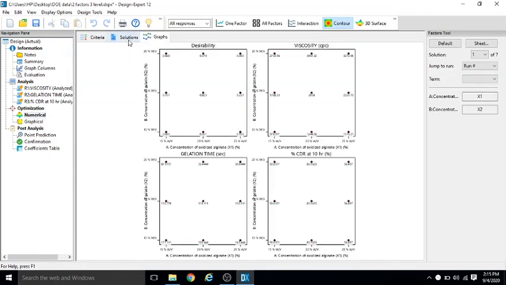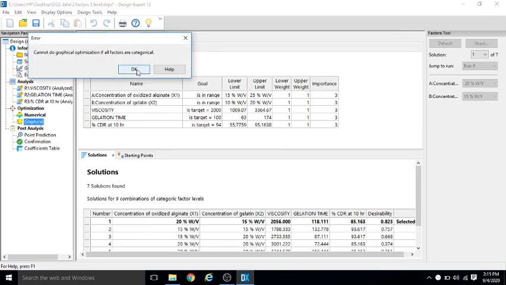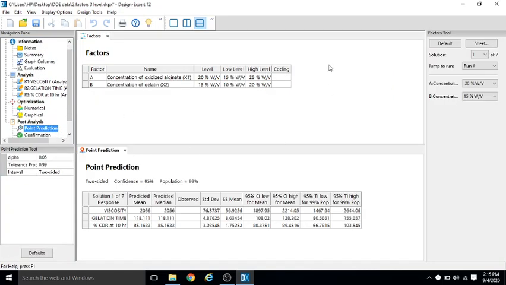So this solution tab is very important. Then you have this graphical optimization. Graphical optimization is not going to work because you have these numerical factors. Then point prediction.